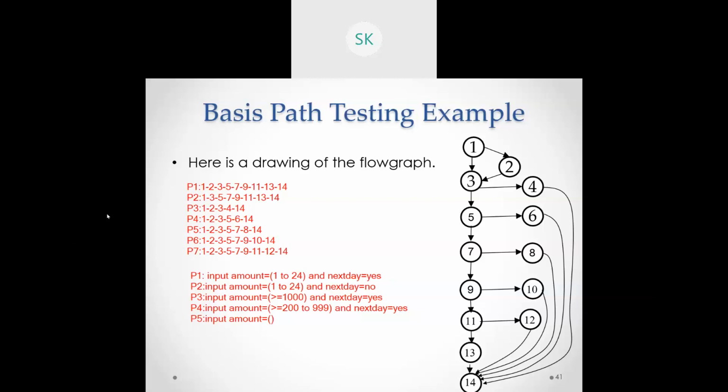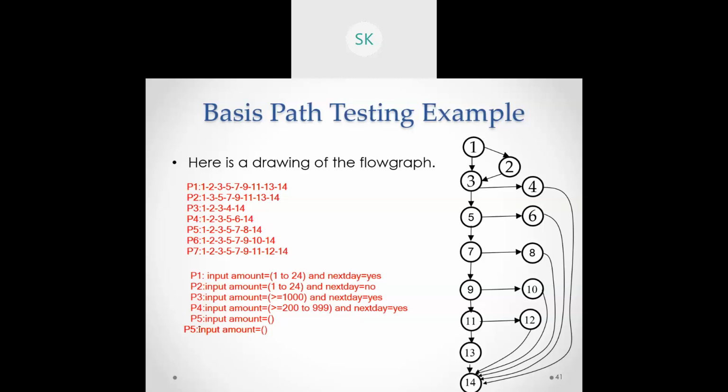Okay, we'll just try to write P5 once again. So that's all. So input amount equal to, where will it be going?